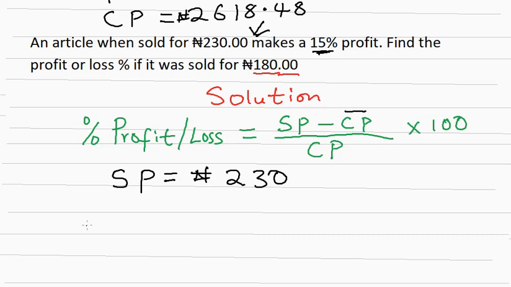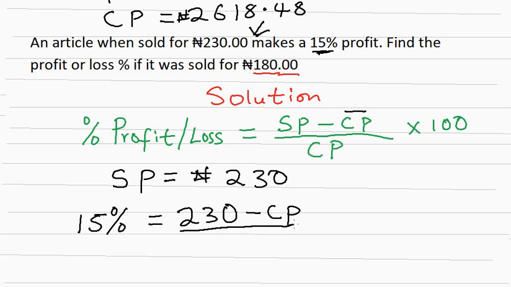So the percentage, which we are told is percentage profit, which is 15%, is equal to selling price, which of course is 230, minus the cost price we don't know already, divided by the cost price, then of course times 100.